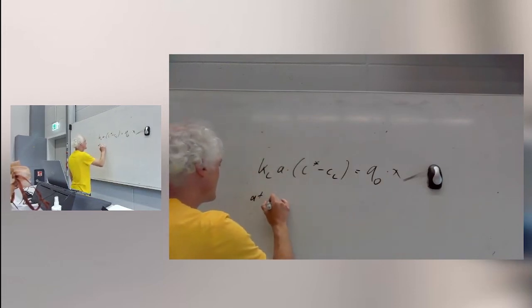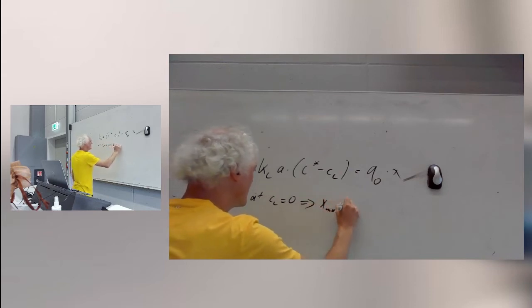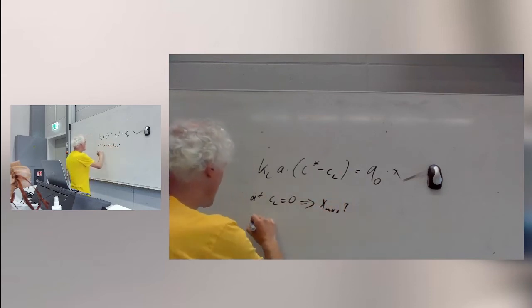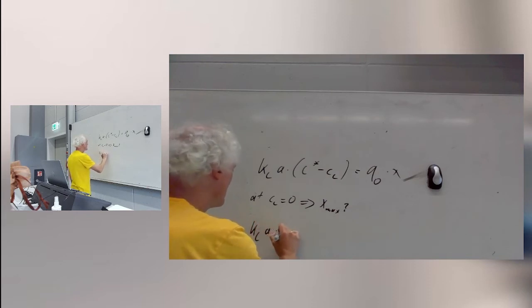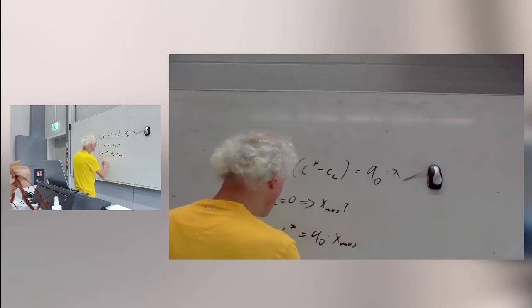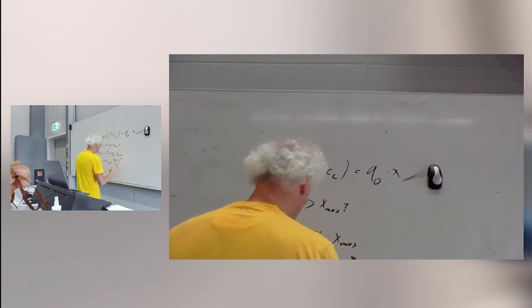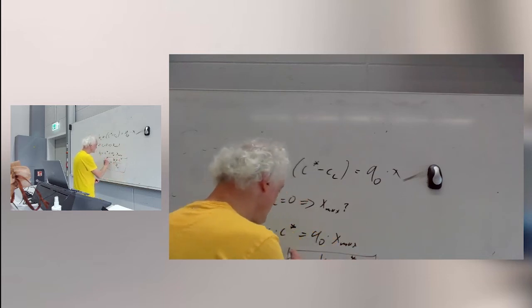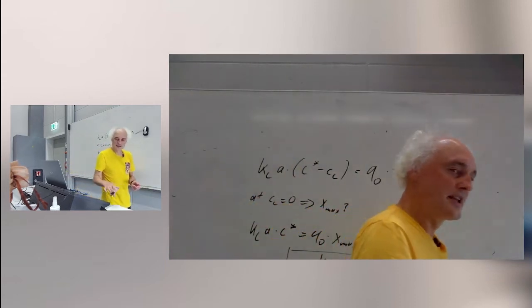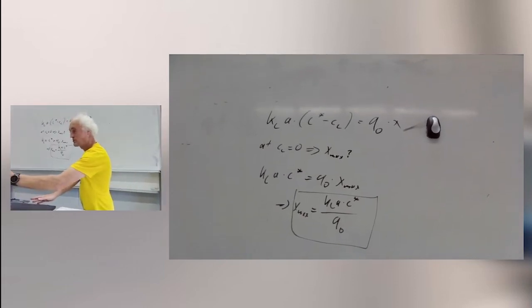at C_L equals 0, we can calculate this X max. So we say kLa times C star is q_O2 times X max, and therefore, very simple, X max is equal to kLa times C star divided by q_O2.